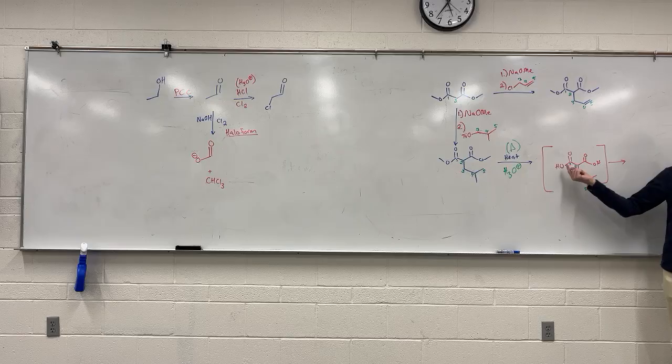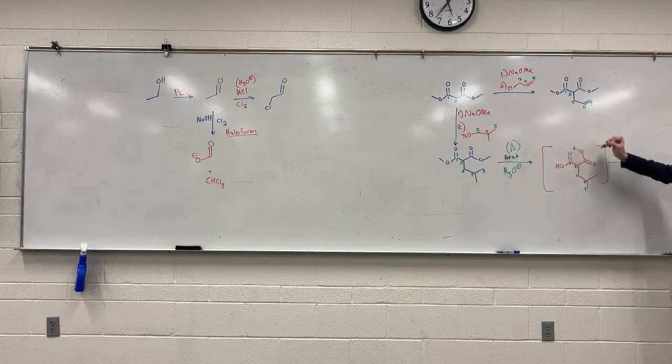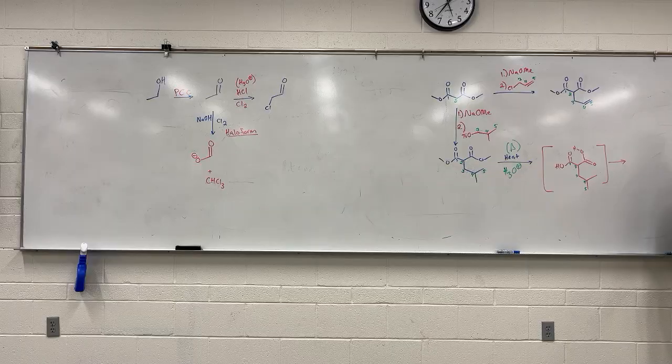And every beta carbonyl acid, regardless of what the other carbonyl is, can go through decarboxylation. Remember that this heat step actually forces the structure into this high energy conformation, where it then undergoes intramolecular decomposition.